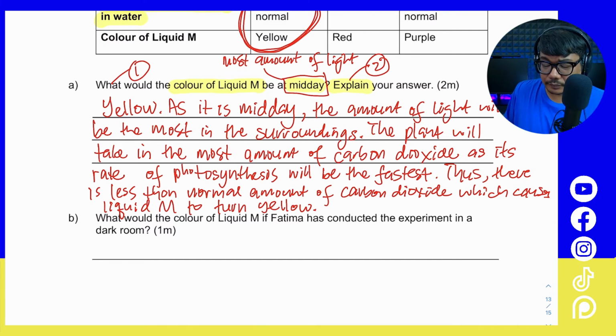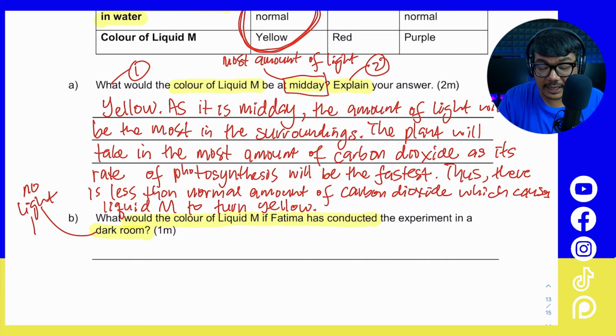B. What would the color of liquid M be if Fatima has conducted the experiment in a dark room? Alright, what is important here? Dark room. Dark room means there is no light, which means that there is no photosynthesis.